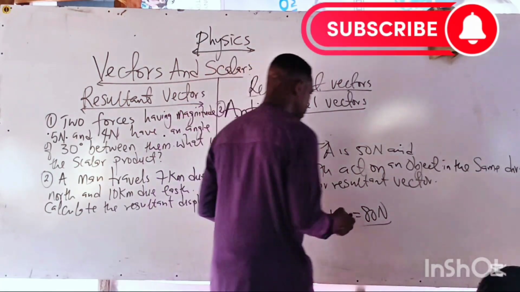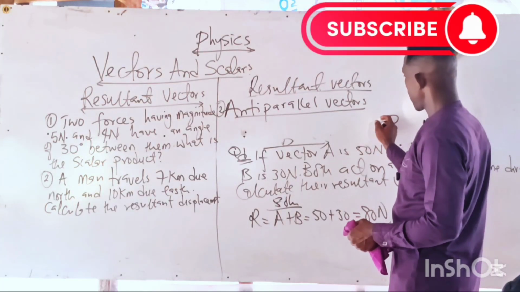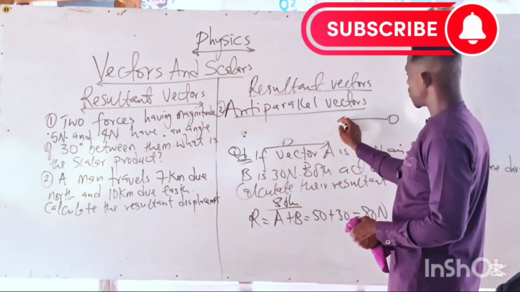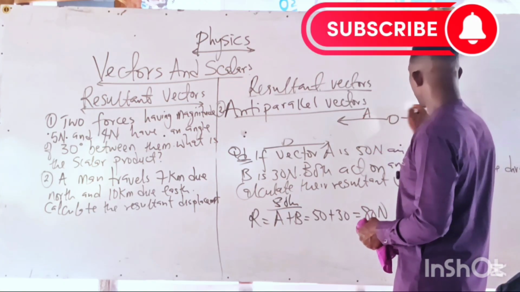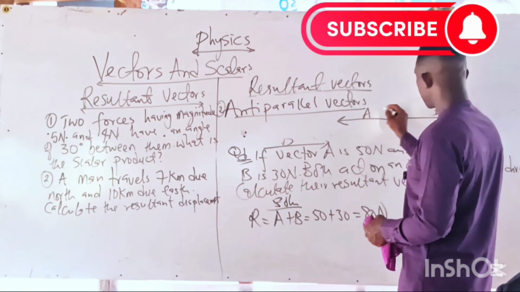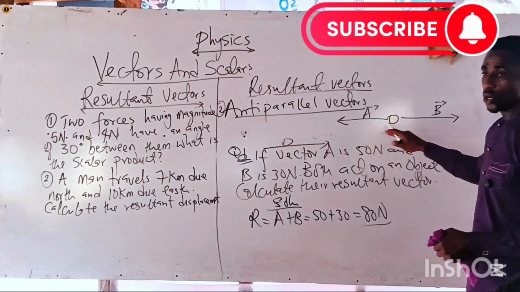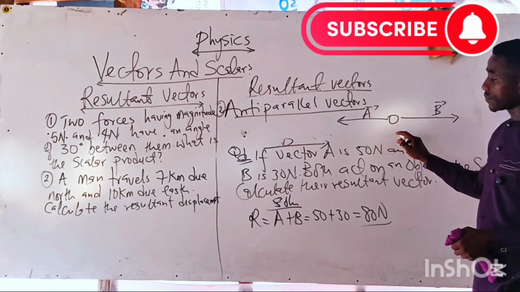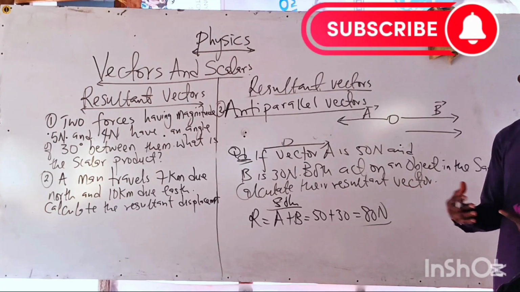So let's look at this. This is the object. This is pulling the object this way, this is pulling it the other way. This is vector A, and this is vector B. Now, the resultant vector becomes the arithmetic subtraction.